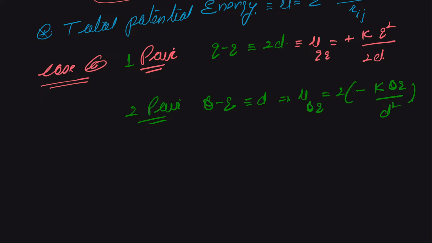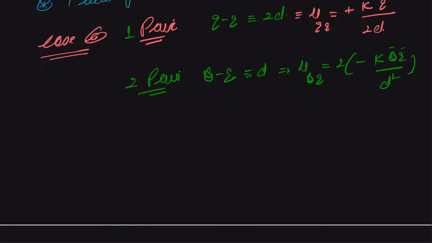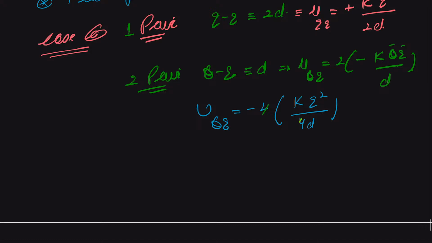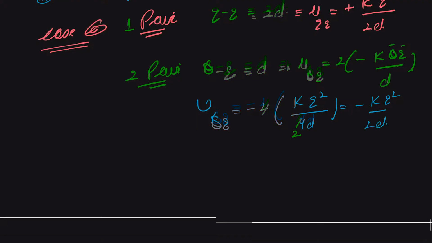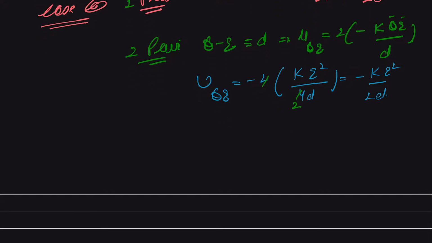Therefore we can write that U_Qq will be equal to minus of 2 k q square upon, sorry this is not square, my mistake, this is 4D, and here this goes by 2, so we are left with minus k q square upon 2D. So it means total energy will be the summation of the two.